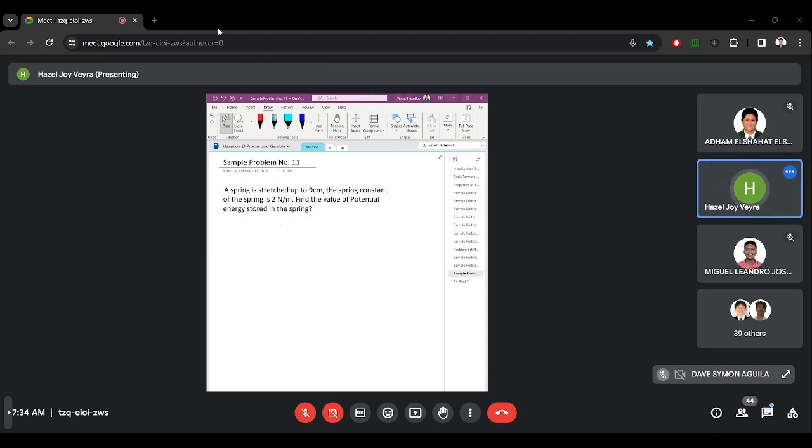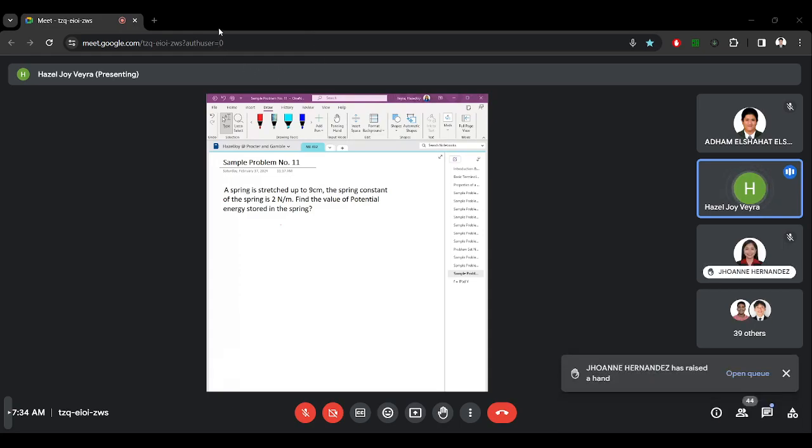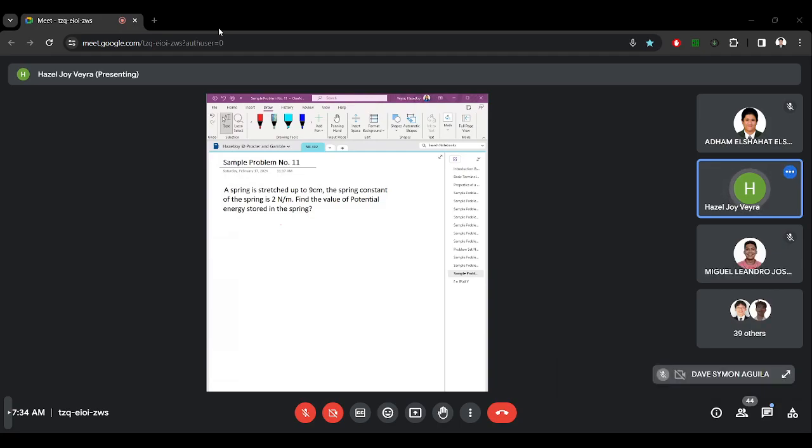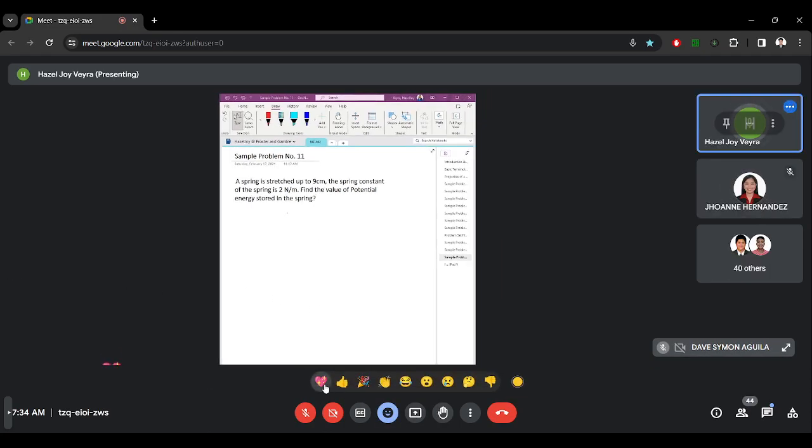Okay. May nakakuha pa na sagot? May nakapagsagot? This is just direct substitution, class, from the formula. Yes, Miss Hernandez, what's your answer? 8.1 times 10 raised to negative 3 joules po. Correct. Anyone from the class who got the same answer?